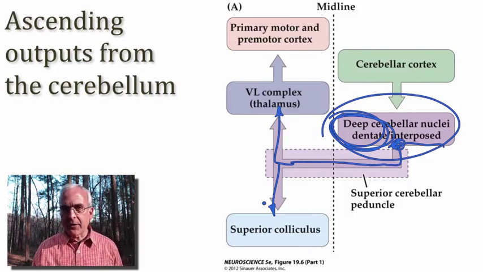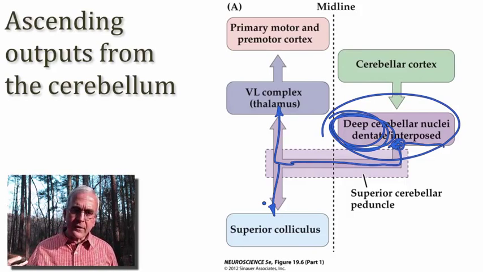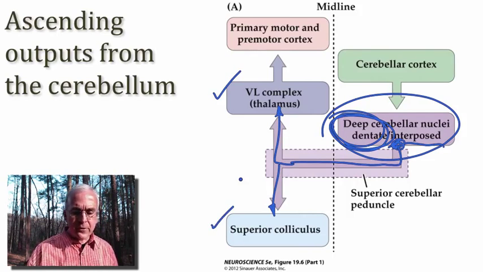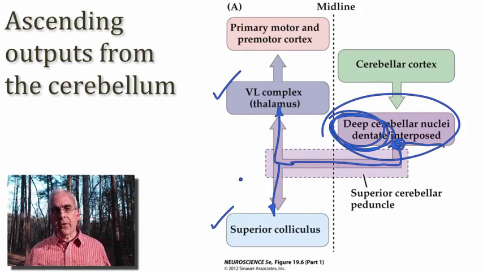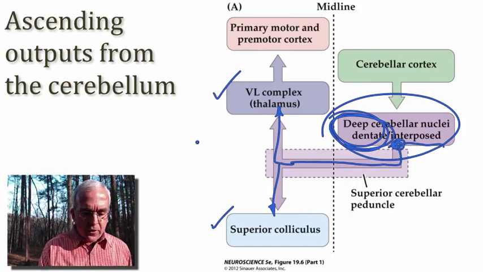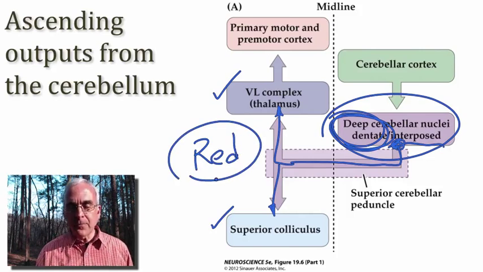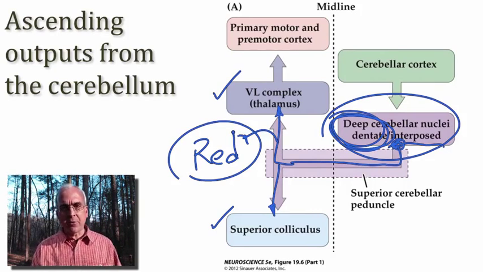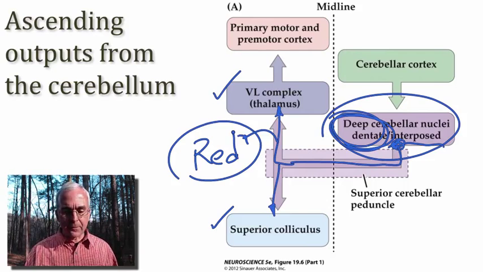Probably not the same axons, but nearby axons. So these ascending inputs target the motor thalamus and the superior colliculus. There are also collaterals that will reach yet a different target, the red nucleus. Pardon me for writing the word red in blue, but the red nucleus also receives collaterals from these axons as they make their way through the midbrain on their way to the thalamus.